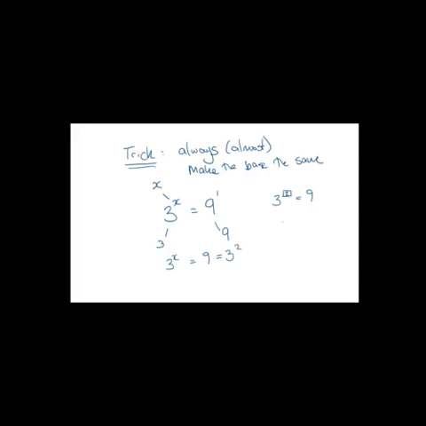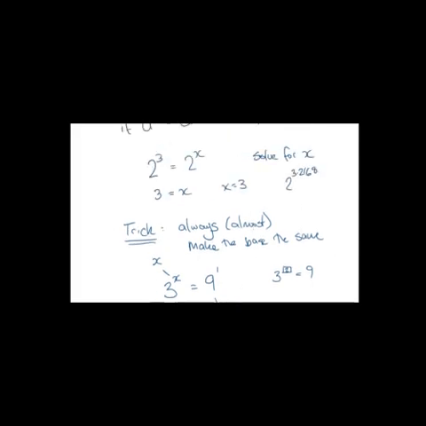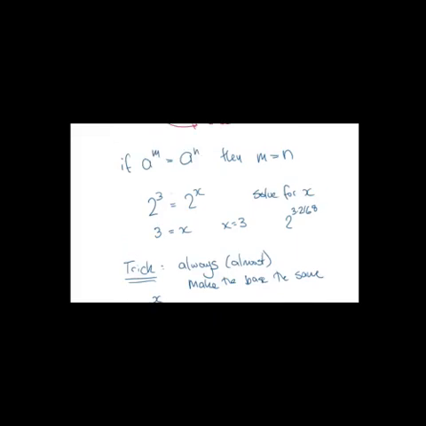And now we have the same base and only the exponents are different, and when the base is the same, the exponents must be the same as well. So 3 to the power of x equals 3 squared. It follows that x must equal 2.